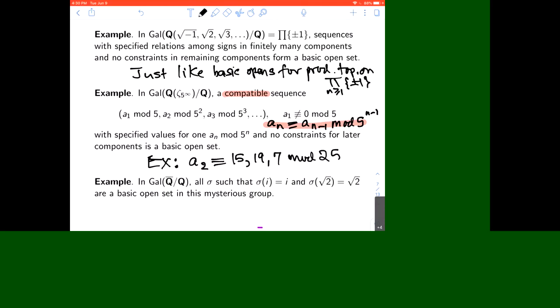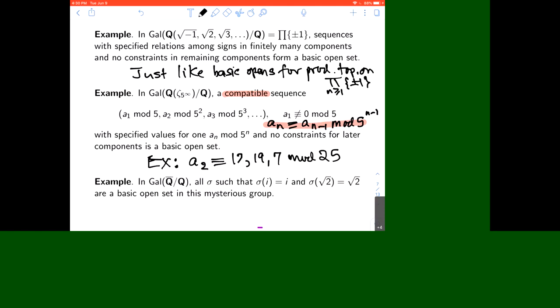Okay, so I'm just saying that now that forces constraints on any elements in the Galois group for which A2 is, oh, 15, that's a terrible idea. Oh my gosh, horrible. 15 is divisible by 5. Let's say 12. Yeah, okay, let's say 12.